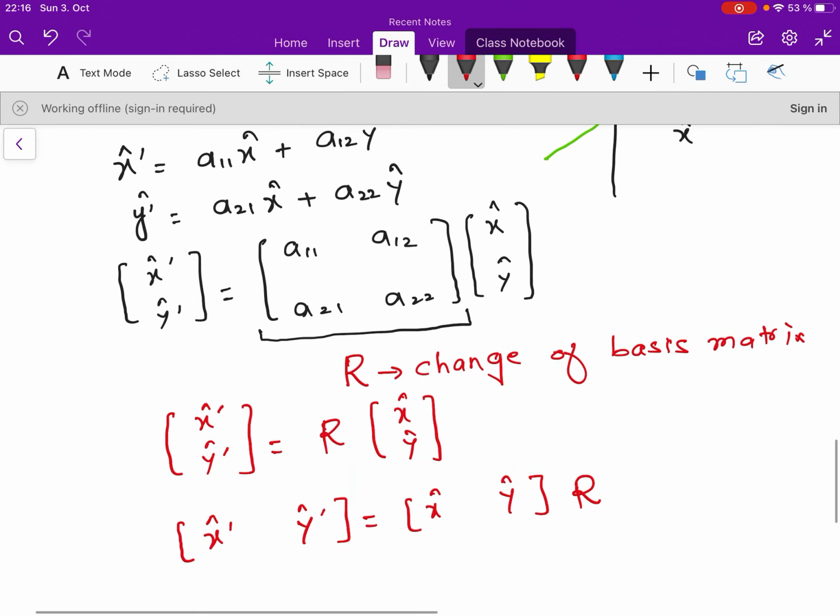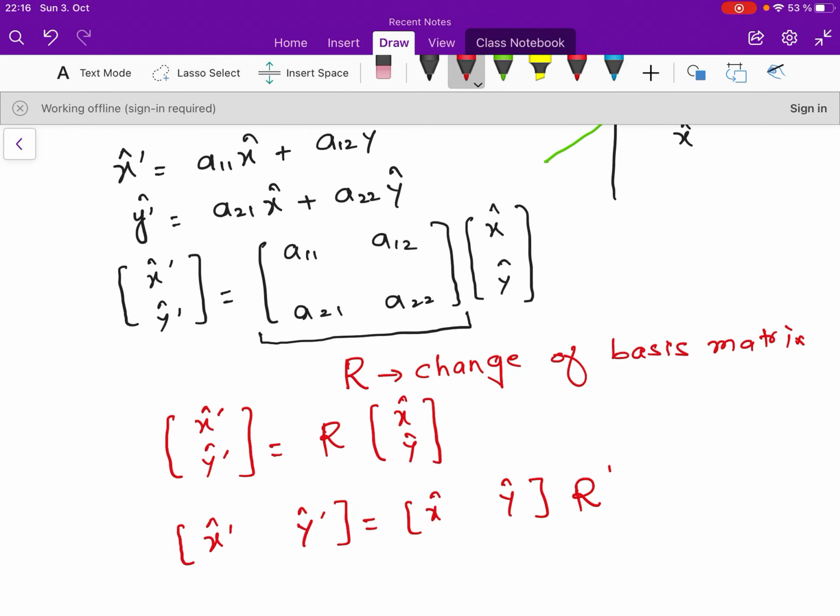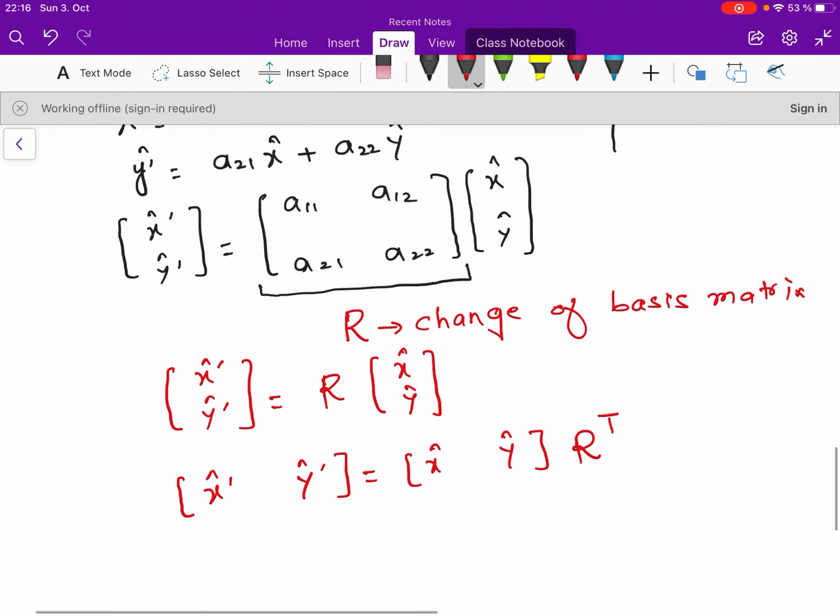We can do this because I have taken the transpose of the left and right hand sides. So one is the row vector form, the other is the column vector form.